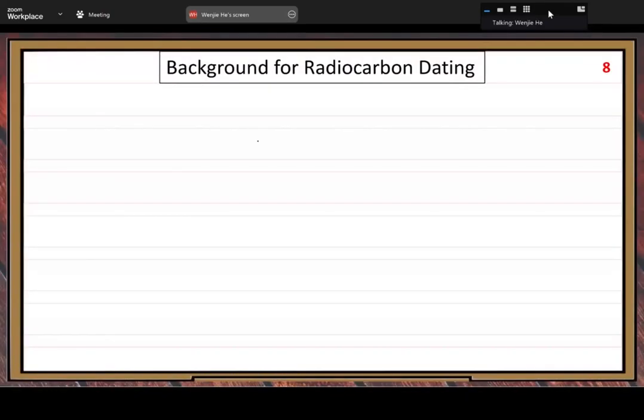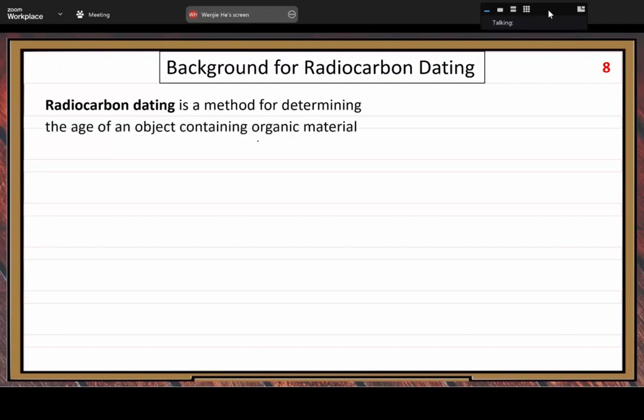Let me give you the background of the radiocarbon dating technique. It determines the age of an object containing organic material. How to do the dating? There is a very smart idea here, using the properties of radiocarbon, a special isotope of the carbon element.